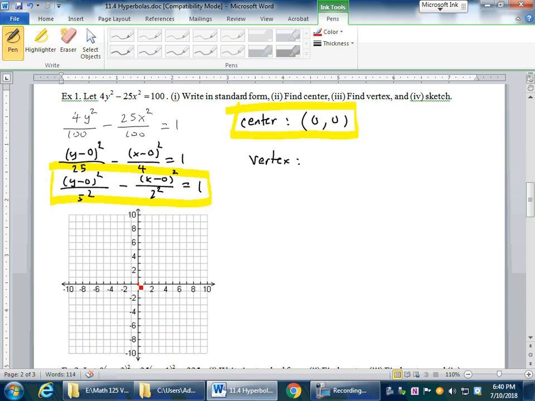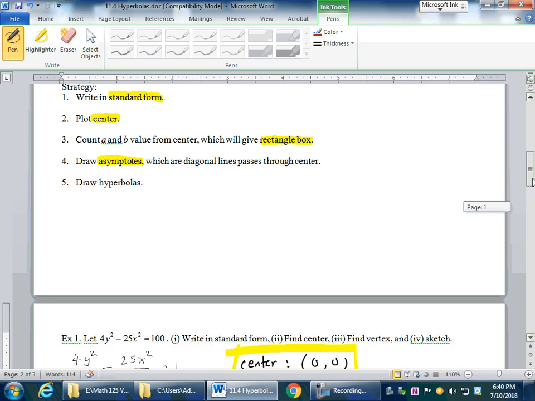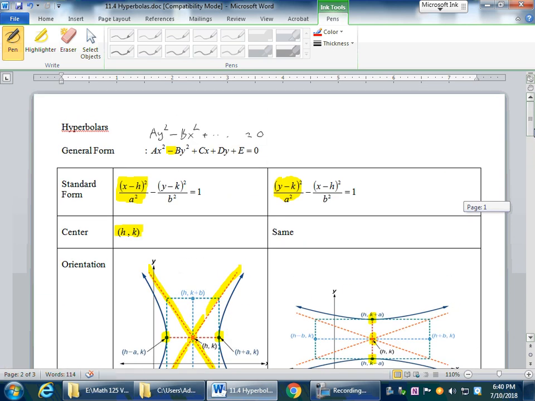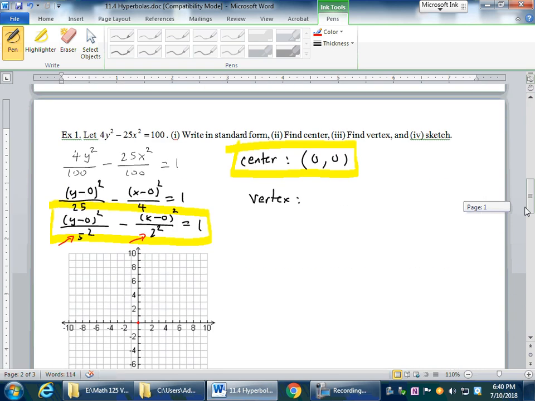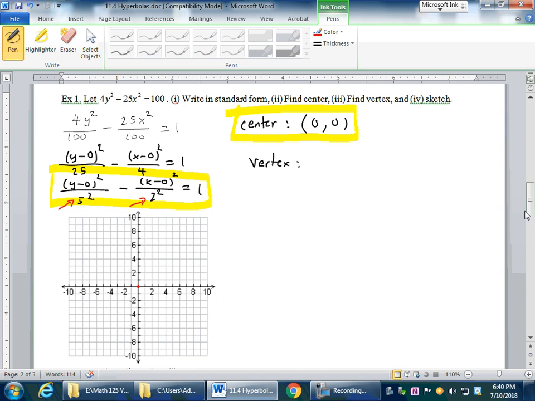And then you count your a and b. This is my y coordinate and x coordinate. The first number, this 5, is associated with y, so it will go up 5 from the center and down 5 from the center.